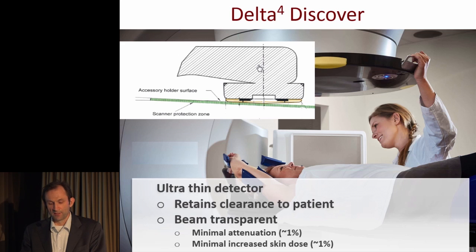It has minimal attenuation, and also the skin dose is not changed a lot. This has the big advantage that you do not need to recommission your LINAC. You can just introduce a tray factor and can start with Delta4 Discover measurement from day one.